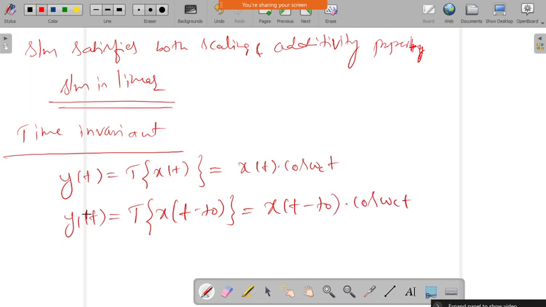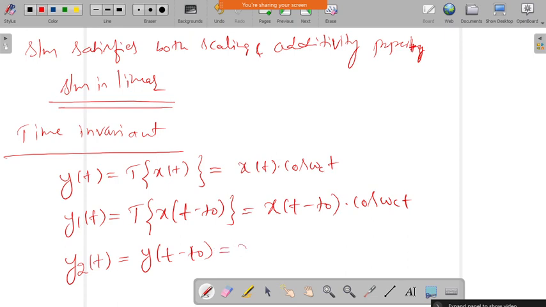Now correspondingly I will shift the output, that is, let us take y2 of t, which is nothing but y of t minus t naught. Wherever t is there in the complete system, it should be changed to t minus t naught.